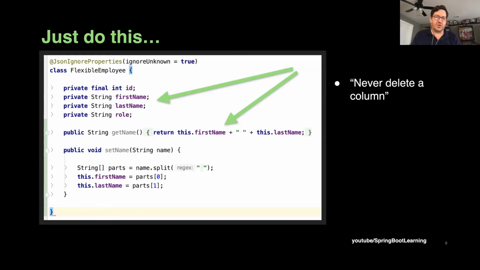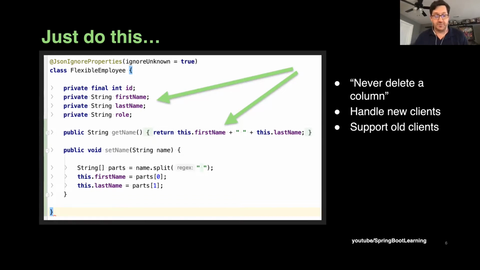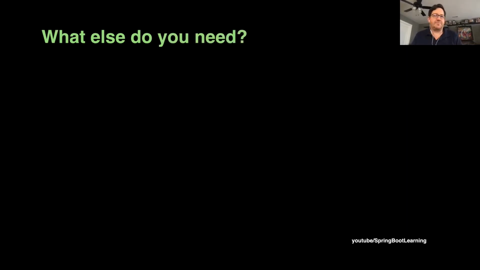Just provide some sort of conversion to get between the old format and the new format, and you can smooth things out very nicely. This will handle new clients that can talk through the new API of first name and last name. And it also supports the old clients who have not had the chance yet or have not had the budget to make the upgrades yet. And in this sense, everybody wins. So that sounds like a much more agreeable solution to me.